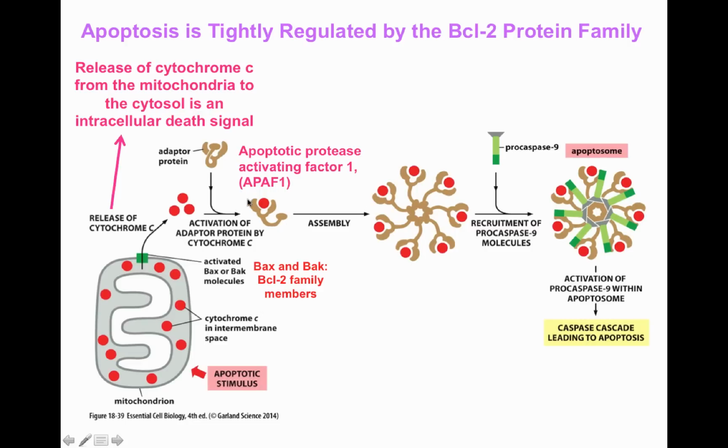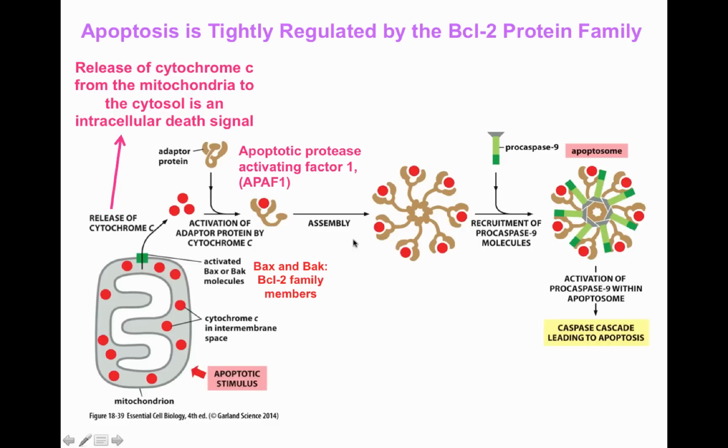APAF1 bound to cytochrome C is going to assemble into a complex that now is able to recruit a caspase. In this case, caspases are proteins that induce apoptosis, and they are maintained in an inactive state, a pro-caspase state.